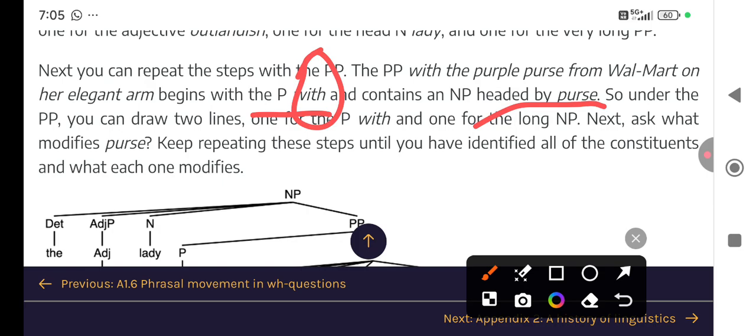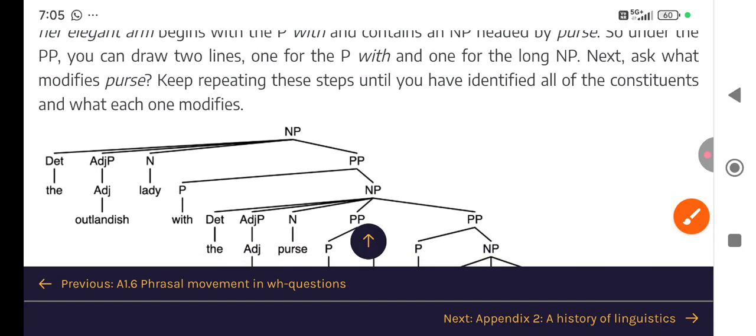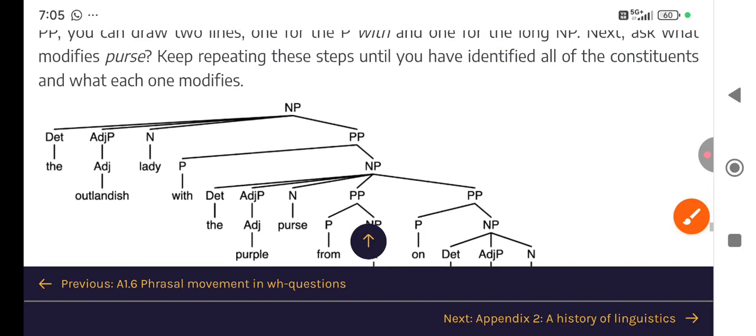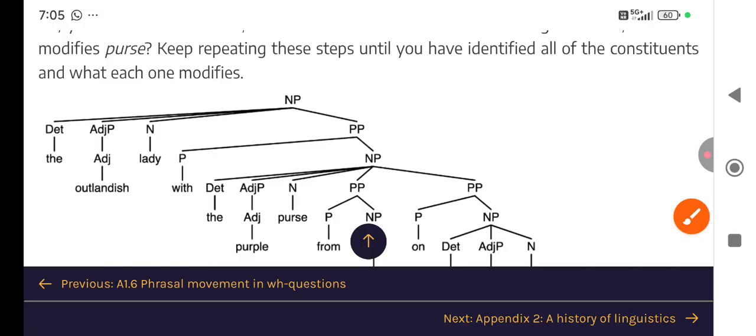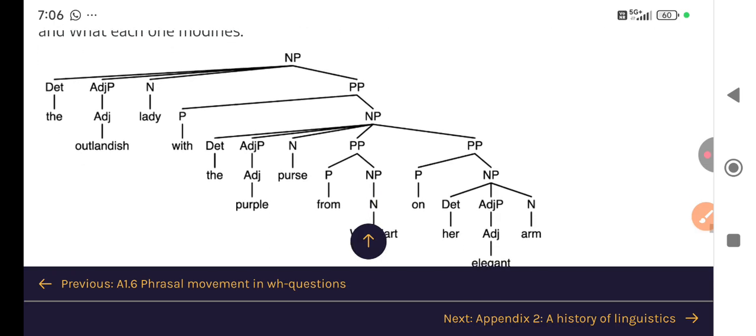So under the PP you can draw two lines, one for the preposition with, and one for the long noun phrase. Next, ask what modifies purse. Keep repeating these steps until you have identified all the constituents and what each one modifies.